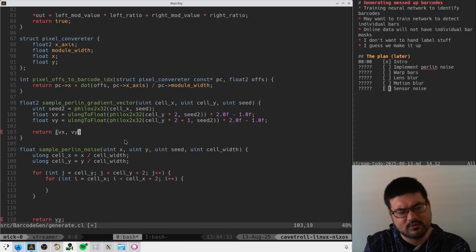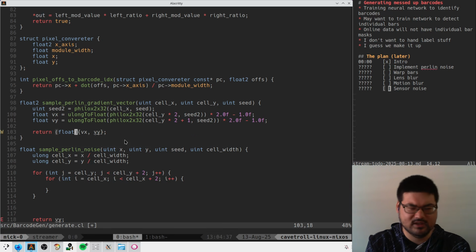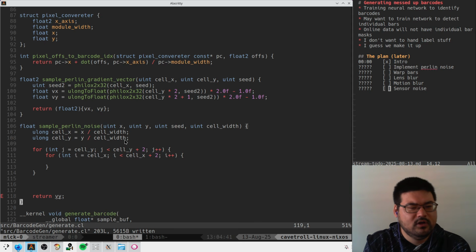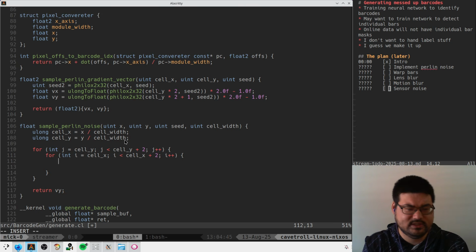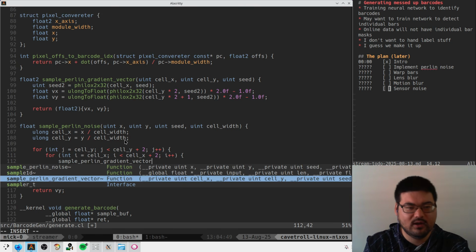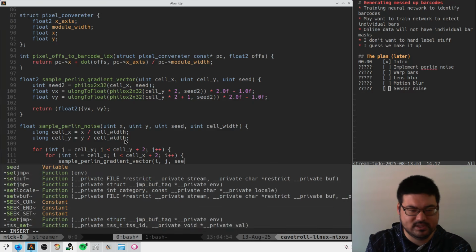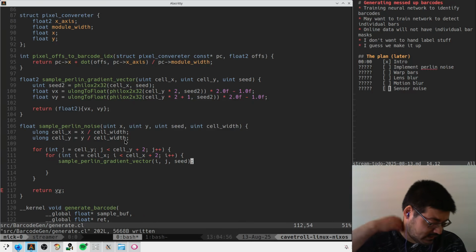Can you do it like this in this language, or do you have to do it in C? I think you have to start by doing this, right? Float2 vx vy or something. Okay, so then here, for each of these cell positions, we sample the gradient vector at ij with seed. Okay, that's good.